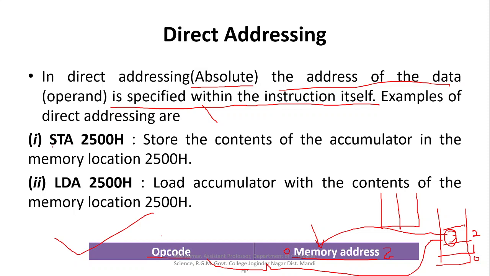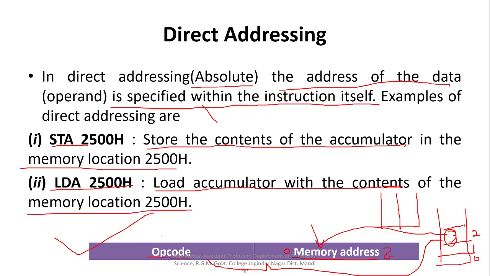The first example is STA 2500H. STA means store the contents of the accumulator in memory location 2500H. LDA 2500H is load the accumulator with the contents of memory location 2500H.